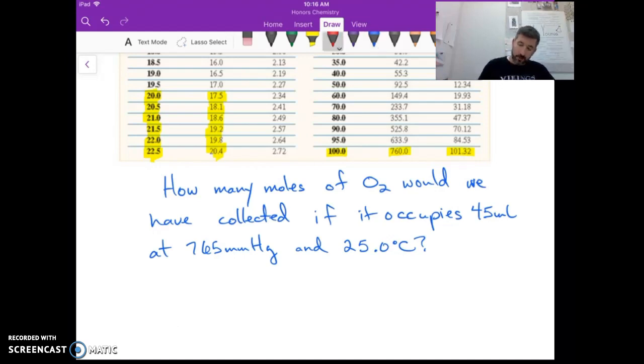Okay, so we'll set up our equation. We'll rearrange PV equals nRT to get n equals PV over RT, and we're going to be able to plug in some stuff, but not everything. If we're in mmHg, our R value is going to be 62.4.